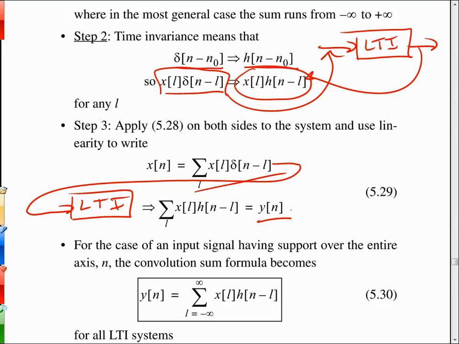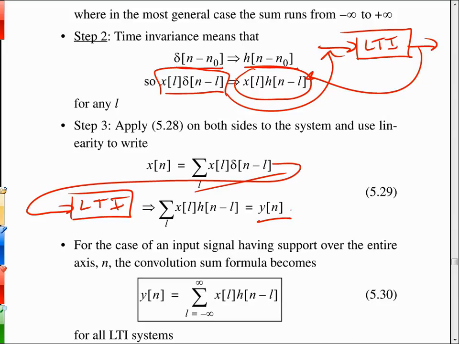It's the same as superimposing all the individual inputs. So this hopefully sets into your mind the importance of linearity and time invariance. We can build up the output in terms of the impulse response and samples in the input using this convolution sum. That's really where it comes from.